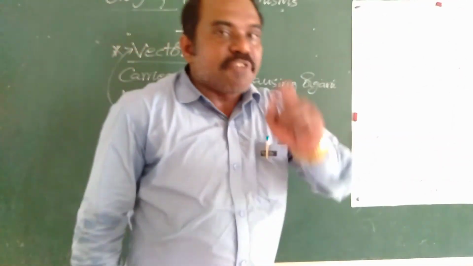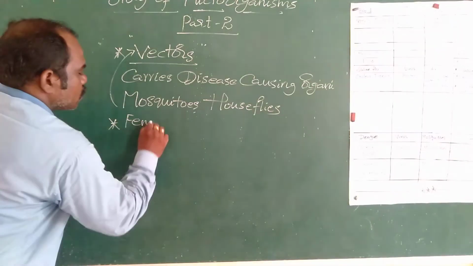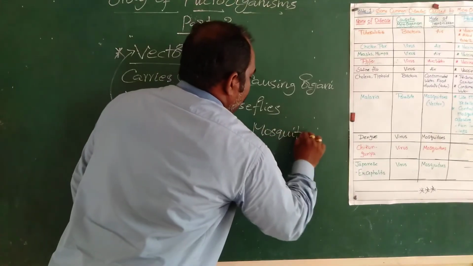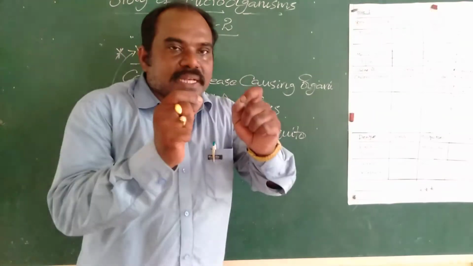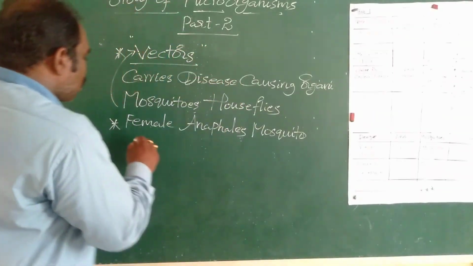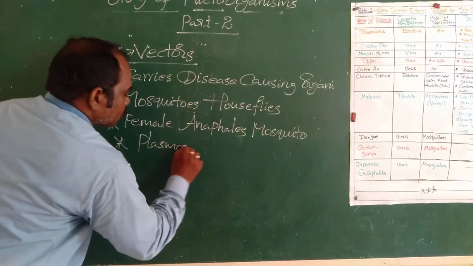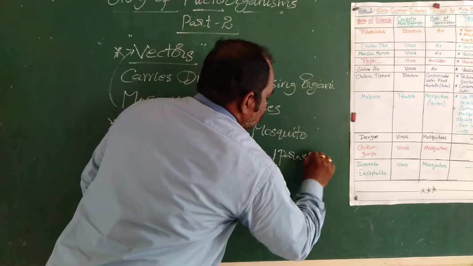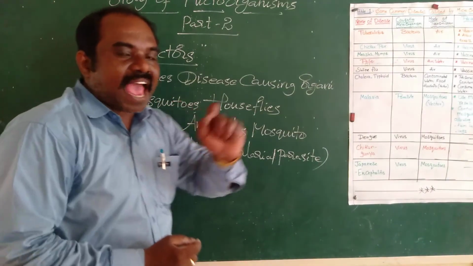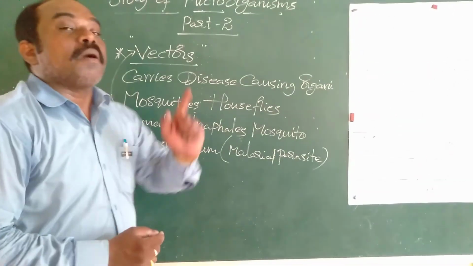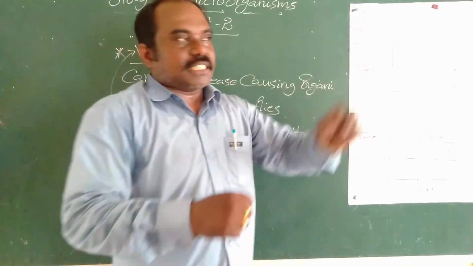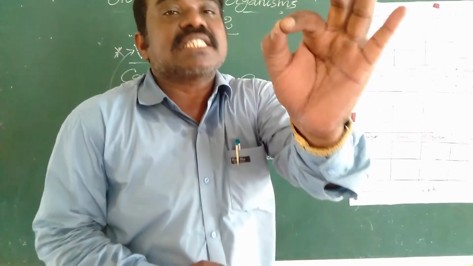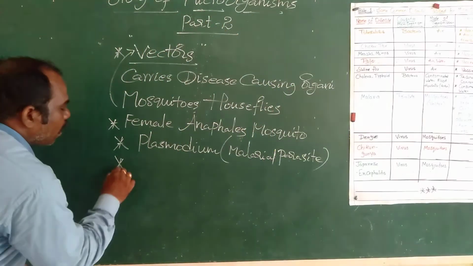We know that the female Anopheles mosquito carries the disease causing organism, that is Plasmodium, the malarial parasite. The mosquito bites and sucks the blood, releasing the malarial parasite Plasmodium. It causes malaria.